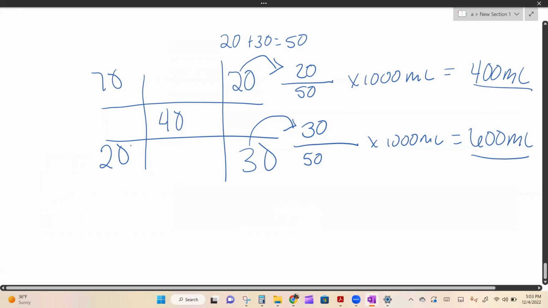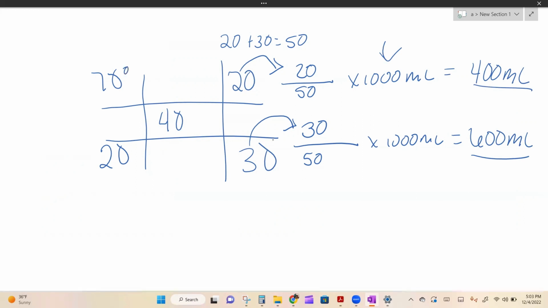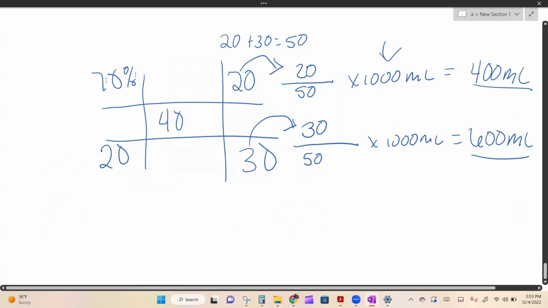Your two numbers should add up to what you're making, and it does. So we can read it across. This is for the 70%, so we need to add 400 ml of the 70% solution, and of the 20% solution, we need to add 600 ml, and that will make our 40% solution.